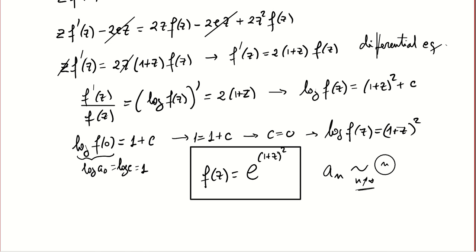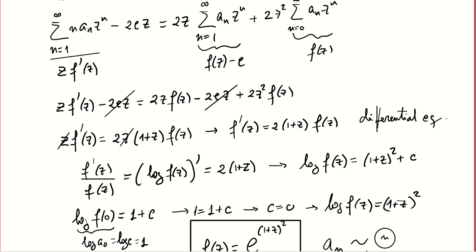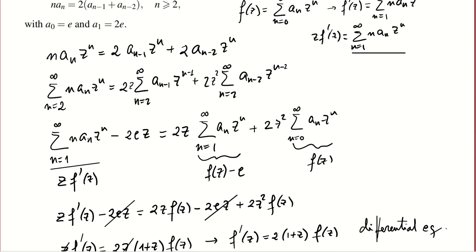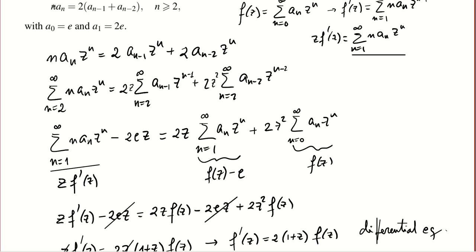The point of this exercise is simply to illustrate that if you have recurrences with constant coefficients, then you end up with an algebraic equation for f, and you can solve it in the same way as we have done in the previous exercises. But if there are coefficients that depend on n, then every time an n appears, it involves a derivative of the generating function. And you can imagine that if you have n squared instead of n, then you will have the second derivative of the generating function.